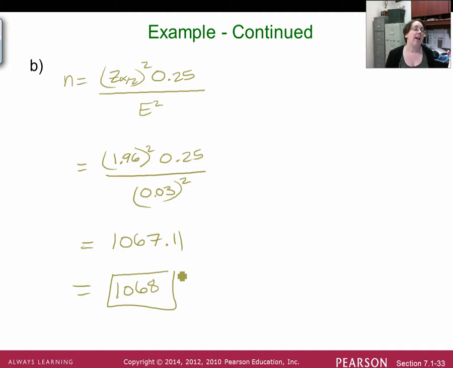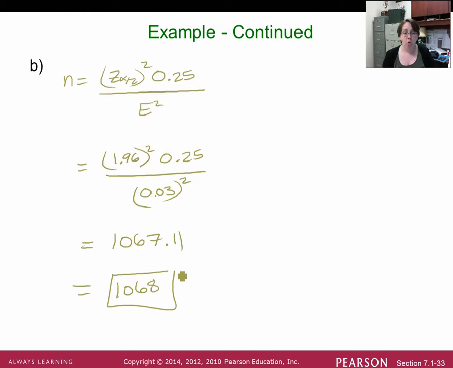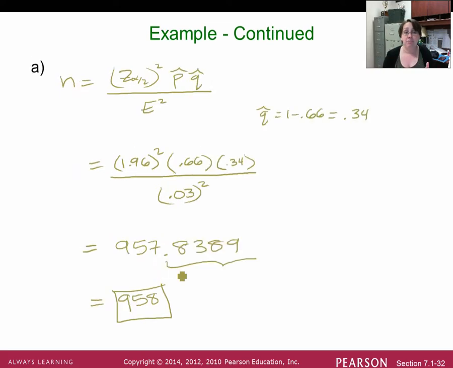So by not having any information to base our sample size off of, we actually have to sample more. What would be better in real life? Would you rather have to sample 958 or sample 1068? Remember, sampling costs time and money. So you would rather sample the smaller amount. So it's actually better to have some value for p hat and q hat to base your starting point off of, knowing how much you actually need to sample.